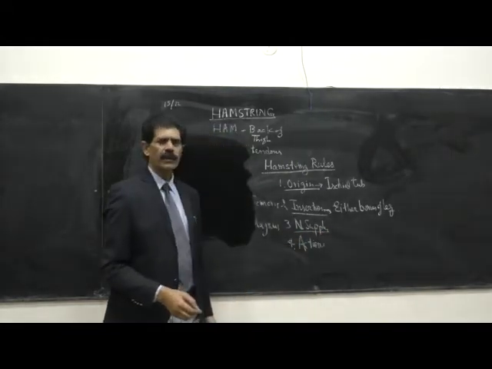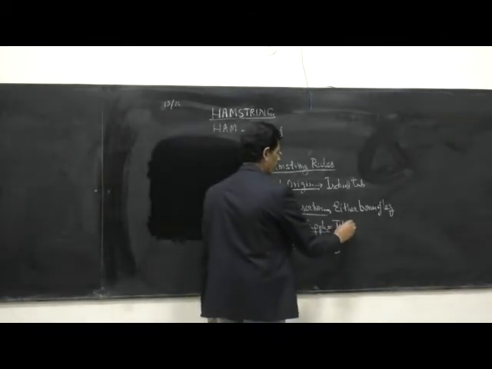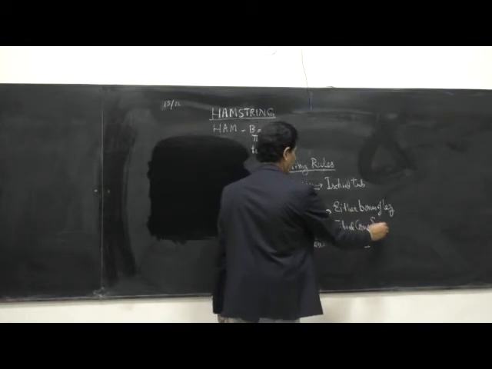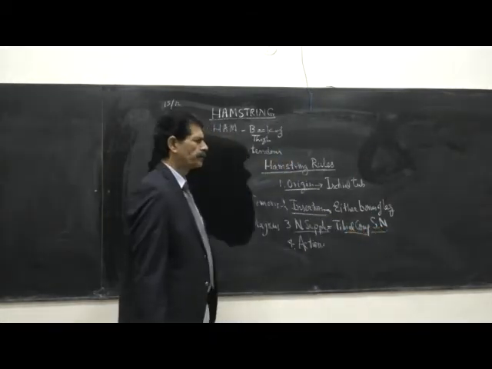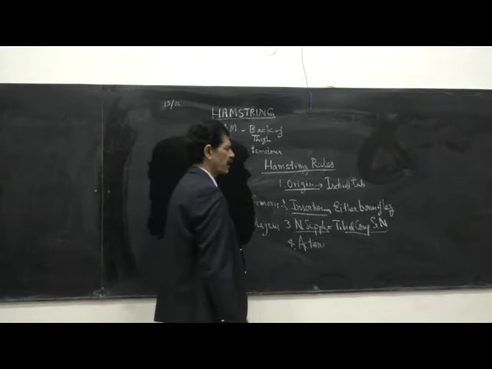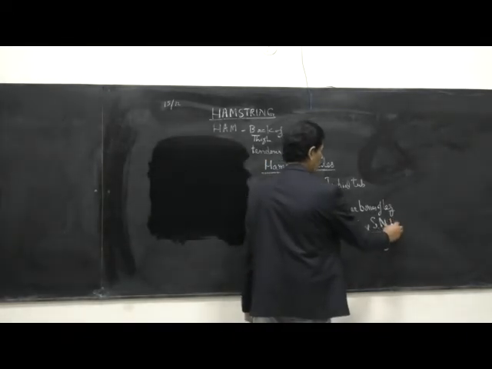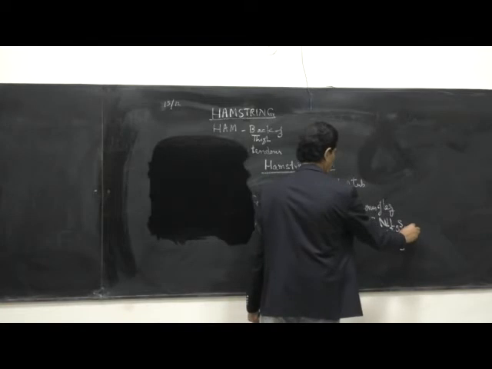All these 4 muscles are supplied by the tibial component of the sciatic nerve, the tibial component of the sciatic nerve, that is L4, 5, S1 and 2.